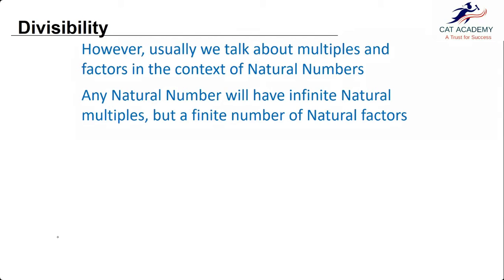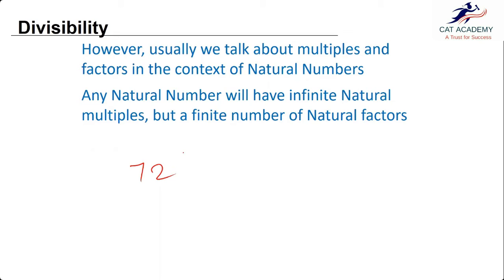But for any natural number, the factors are always finite. Because on the multiple side, I can go up to infinity, but when I have to come down, then I have a limitation. Right? Example, 72.